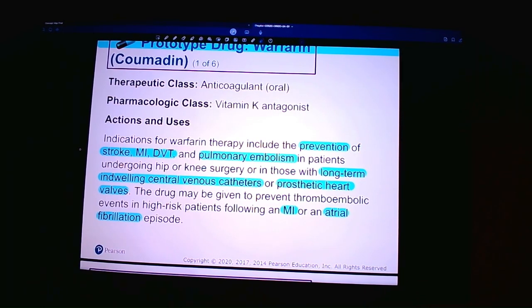In terms of medical procedures, there is long-term use of CVCs, which is central venous catheters, right? So your central lines, if I recall, that's the same thing, but it might not be. Or prosthetic heart valves, right?